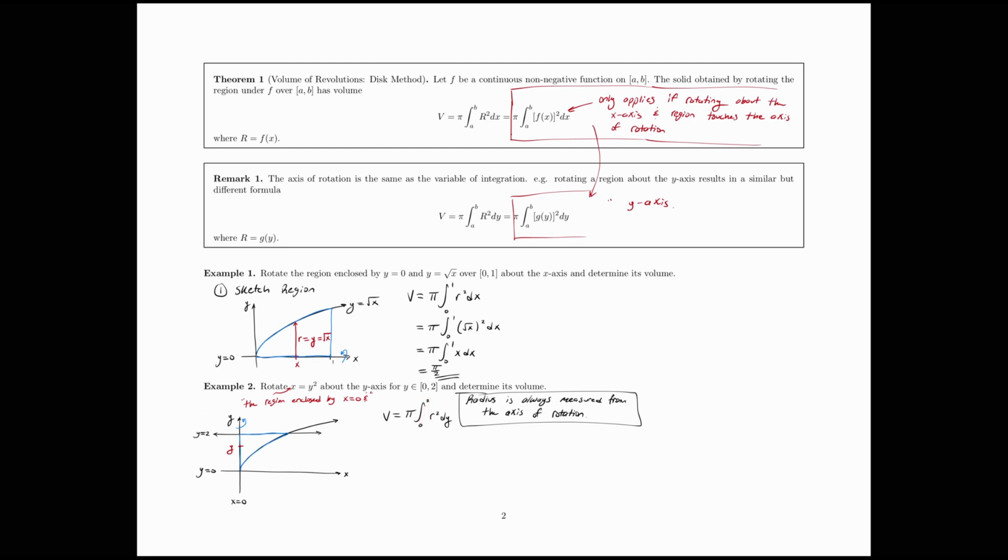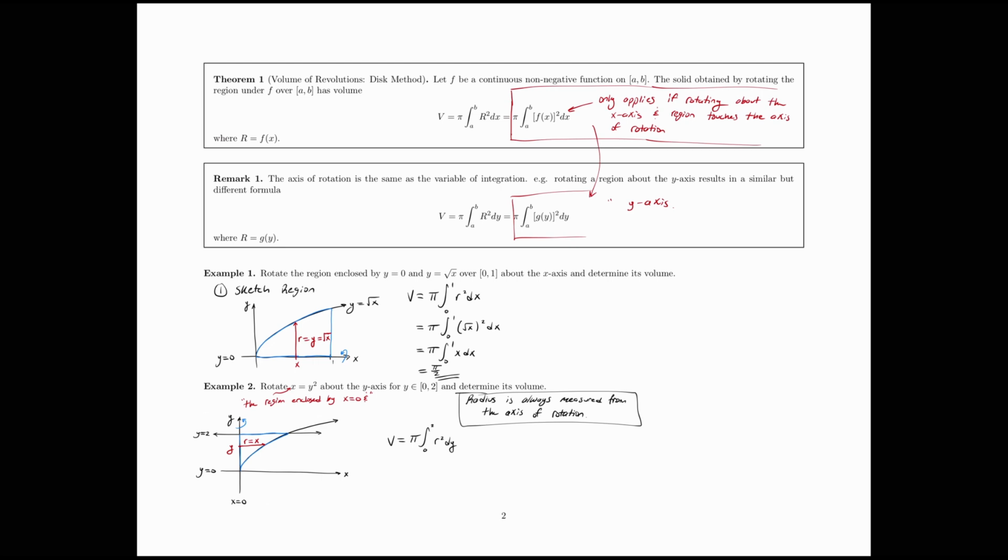So we'll start at some representative y value, and if we measure this distance, whenever we measure anything tethered to the y-axis, that is allowed to be called x. So the radius is x, but because we are rotating about a vertical axis, and that means our integral is with respect to y, that means we have to rewrite this and get it written in terms of y.